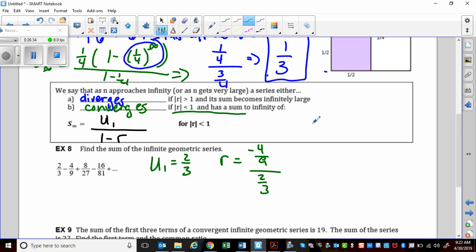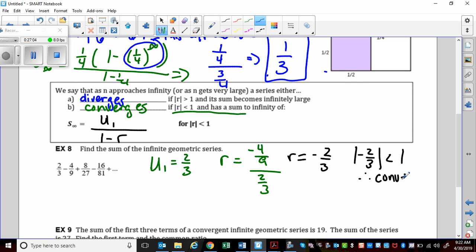Remember, we multiply by the reciprocal, and we're going to get my ratio equals -2/3. Okay, I just wanted to make sure. So my ratio is -2/3, but the absolute value of -2/3 is less than 1. So it does converge.